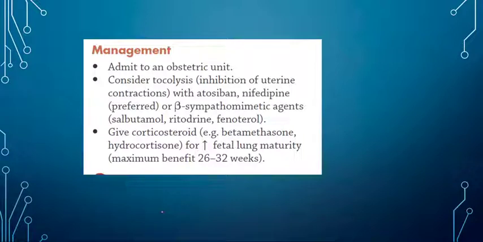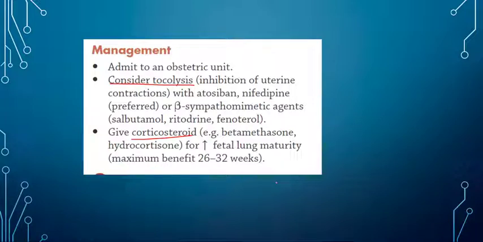One, you can give them a tocolytic agent to prolong the pregnancy a little bit, because tocolytics are supposed to inhibit uterine contraction. So the first dose of tocolytic agent you can give while you are transferring the patient to the tertiary hospital. If the patient is less than 34 weeks, then yes, you have to give a steroid injection also to bring on lung maturity of the baby. These are the two things that you need to give them.